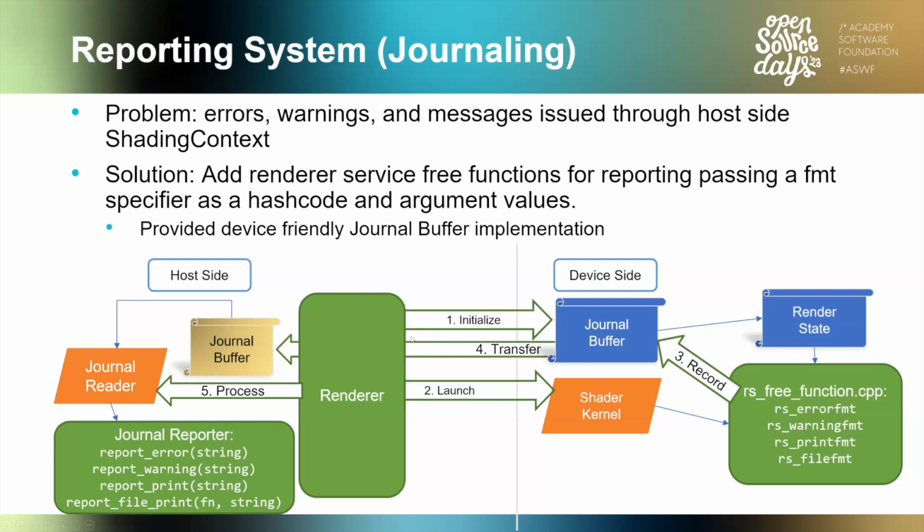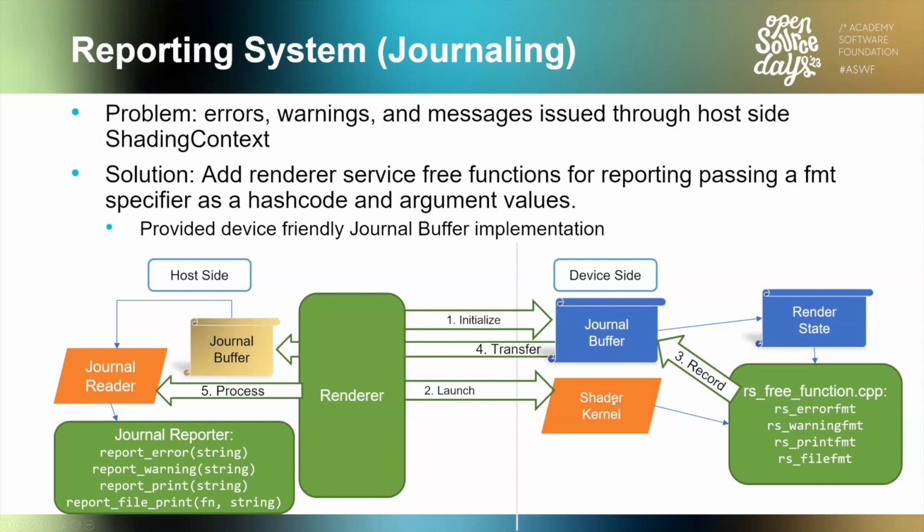The renderer would initialize a journal buffer on the device side and let its render state hold on to a pointer to it, and then launch its kernel. While the kernel's running, if it ends up needing to report errors, warnings, or messages, those would go to its render service free functions, who would then access that journal buffer and record the information. So we're not actually doing any formatting, we're just recording everything that would be needed later.